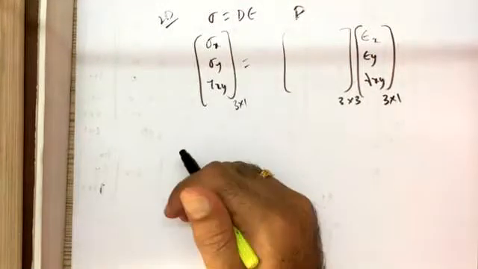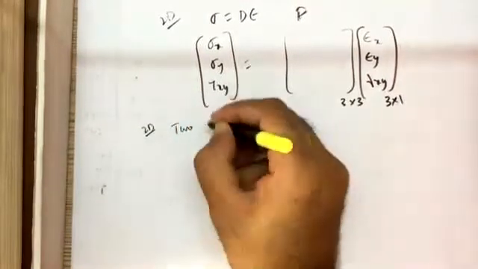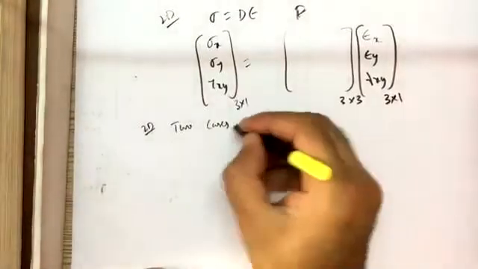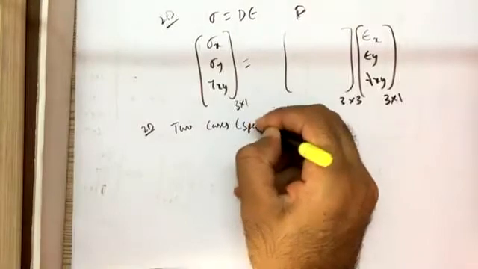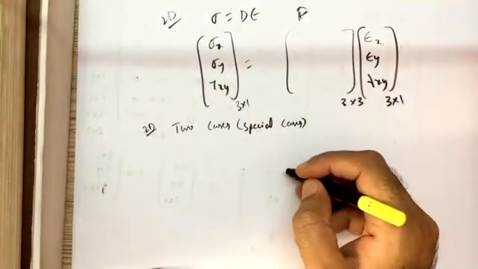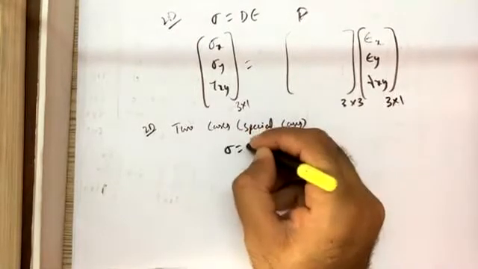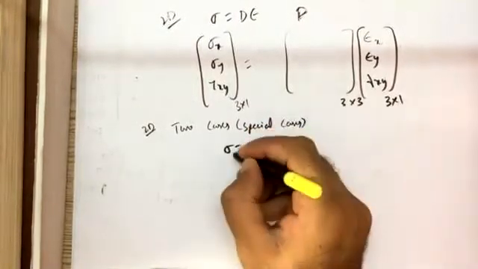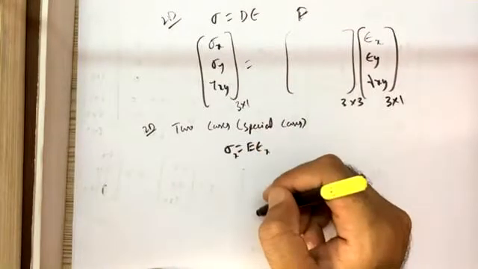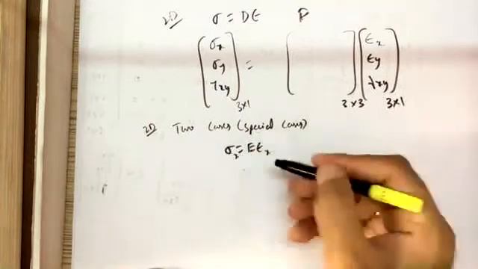But in 2 dimensions, we have two special cases. For simply, if it is 1 dimension, you have sigma is equal to E epsilon, or sigma x is equal to E into epsilon x, where E is a simple value, and of course sigma is a simple value and epsilon is also a simple value.